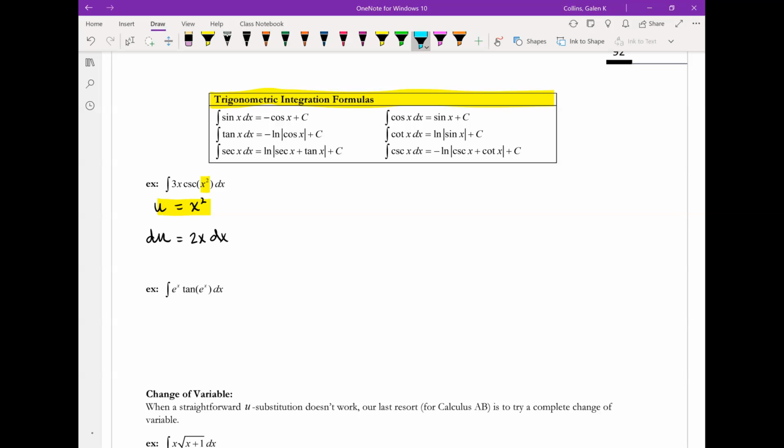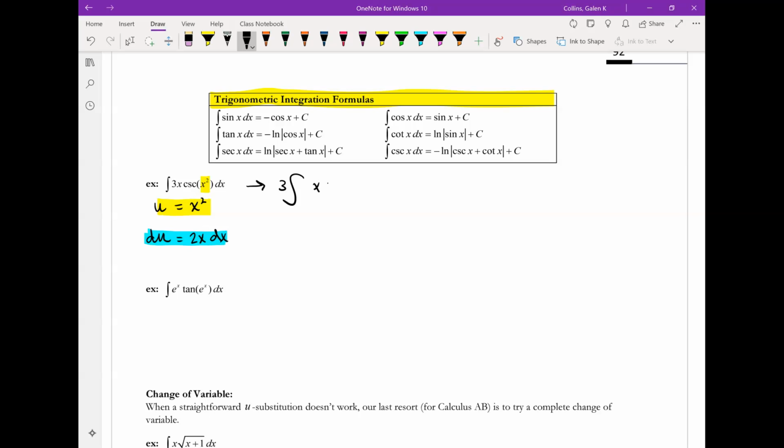In a problem like this where the constant multiple that's inside of the integrand is not the constant that we want, here's how I deal with it. First, I would just kick the 3 out. So the constant multiple rule lets us put the 3 on the outside.